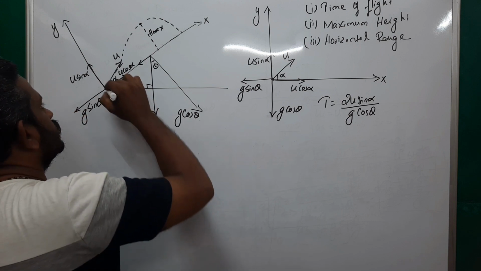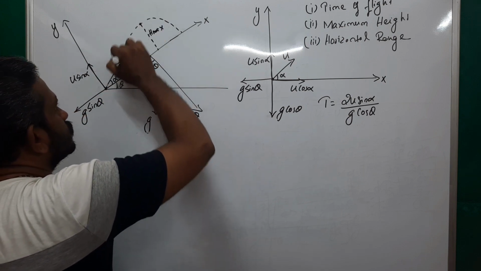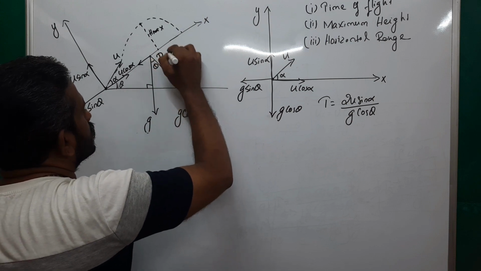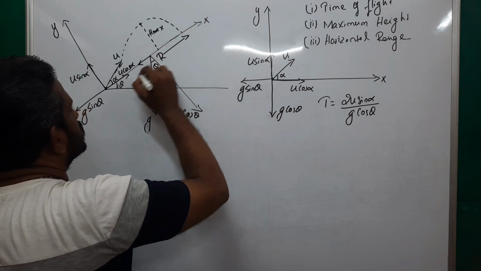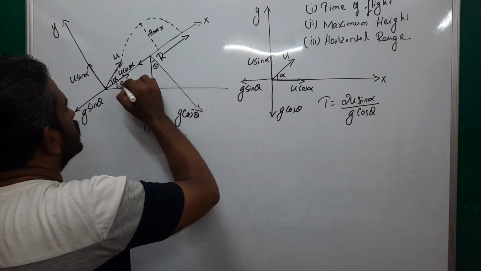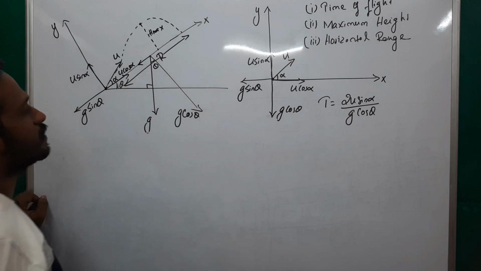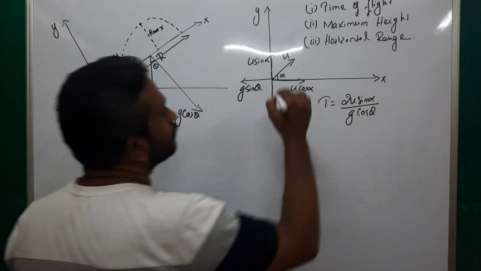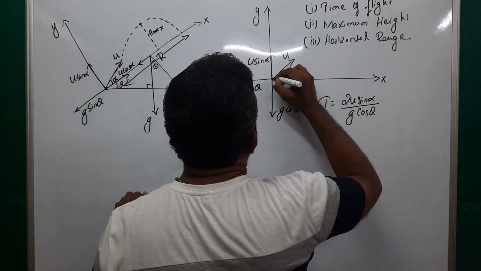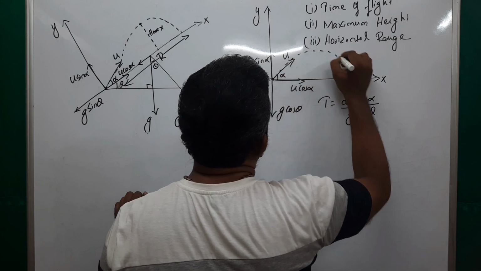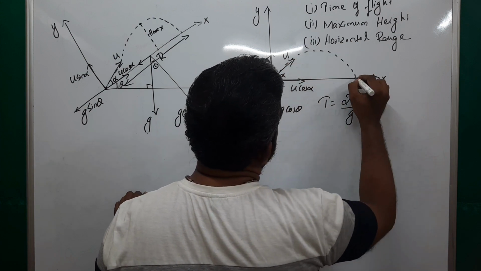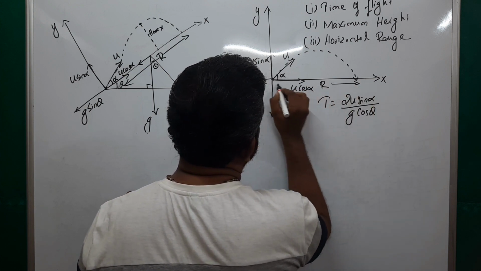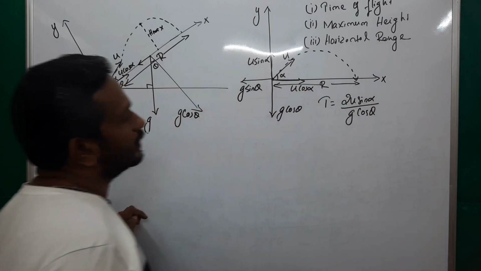When the projectile is projected and reaches this point, what is the horizontal distance traveled by the projectile throughout the motion? This is the horizontal range. Clear?